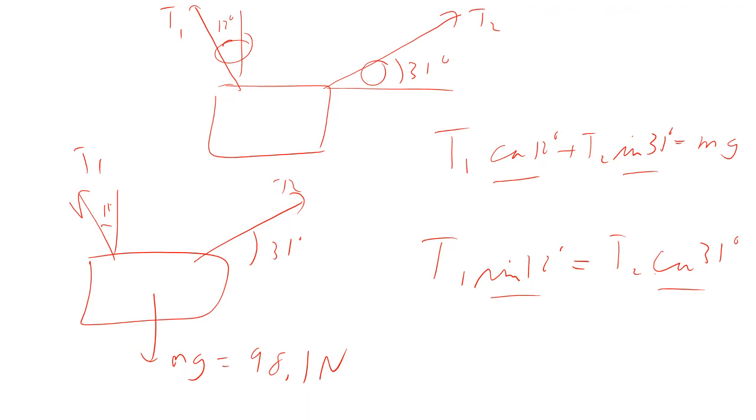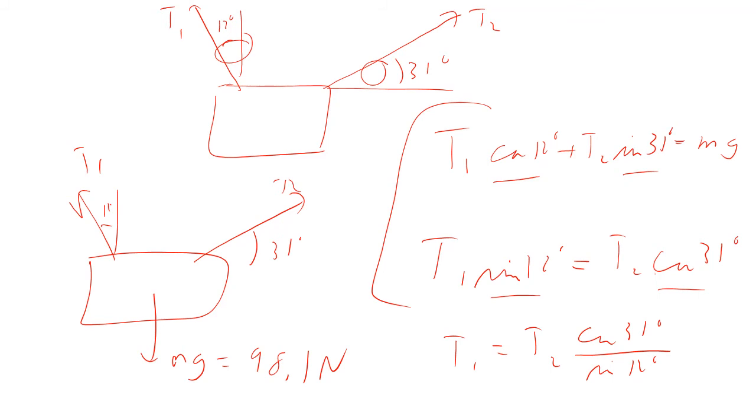Because we cannot do what we did before, and that is just solve here and plug in. Well, yeah, we can, because now we can solve here. We can say that T1 equals T2 cosine 31 degrees over sine 12 degrees.